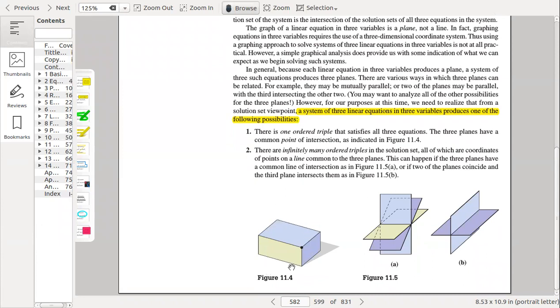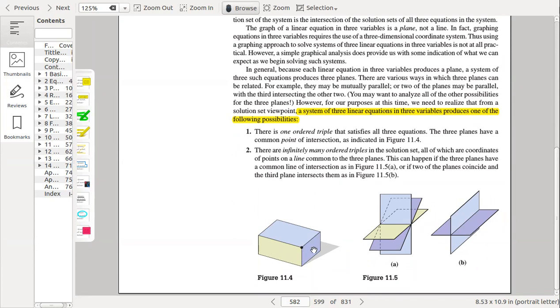So this is the figure where the three planes have a common point of intersection. So one plane is this upper side, the other plane is this yellowish side, and the third plane is this bluish side.